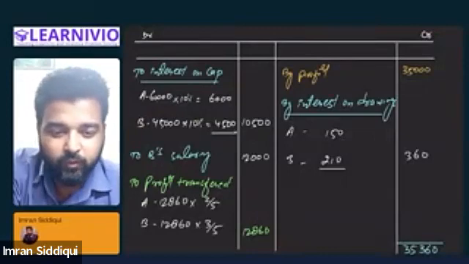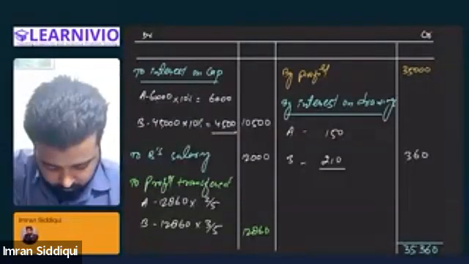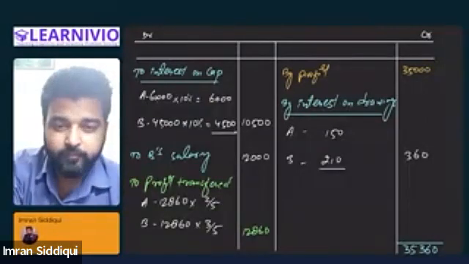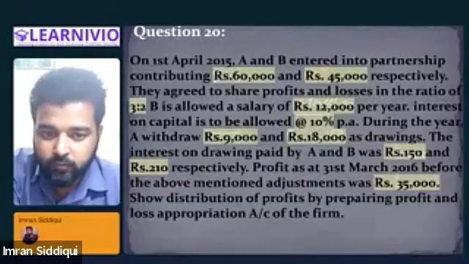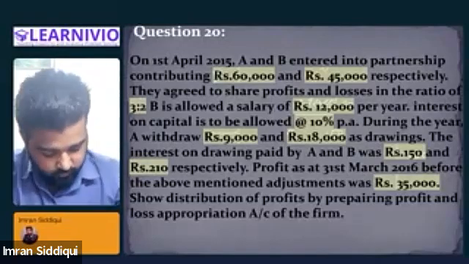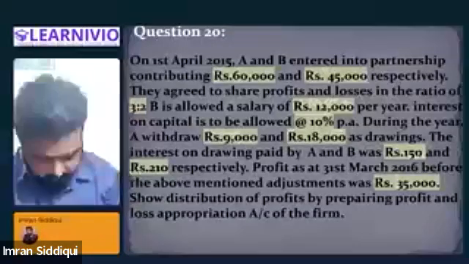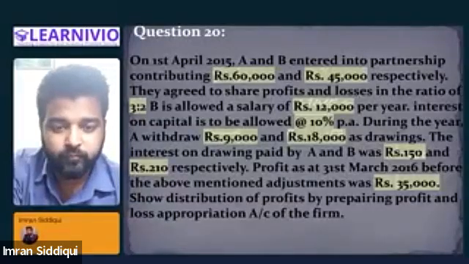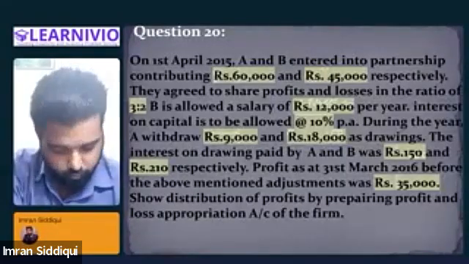I think you are asking me about how I determine the profit sharing ratio. Okay, it was 3:2. Okay, sorry. If it is 3:2, that's what she means, it will be 3 by 5 and 2 by 5. Is that okay now? Yes, sir.